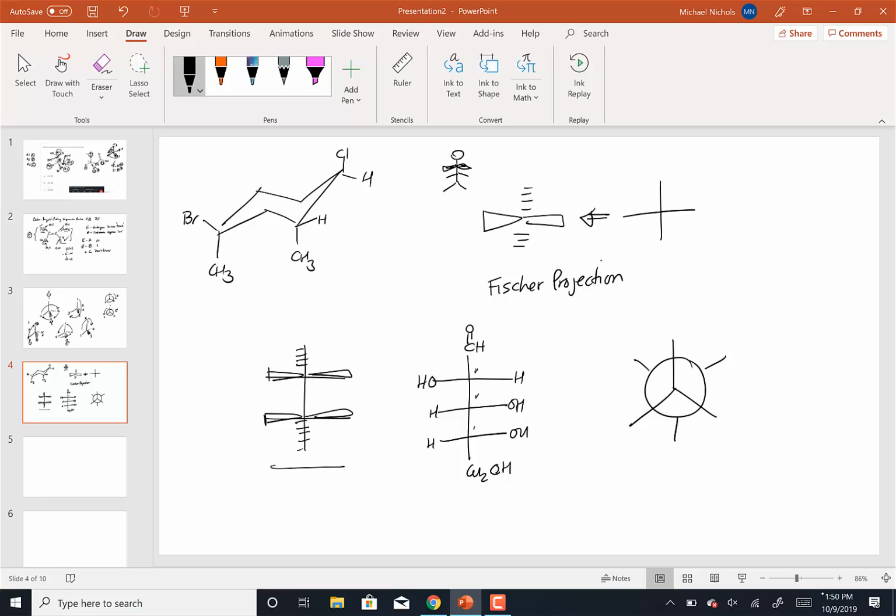And then on Monday, I have sort of a little lecture on enantiomeric excess, percentage R, percentage S, percentage D, percentage L, with some practical examples from some research stuff that I've done.